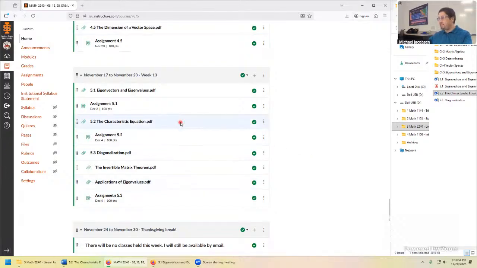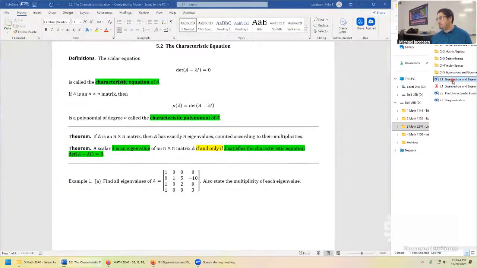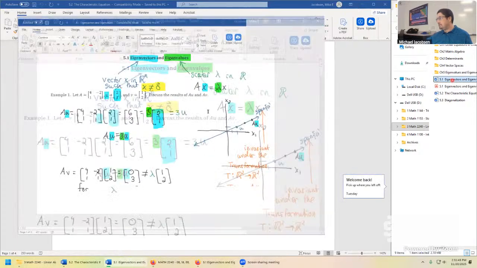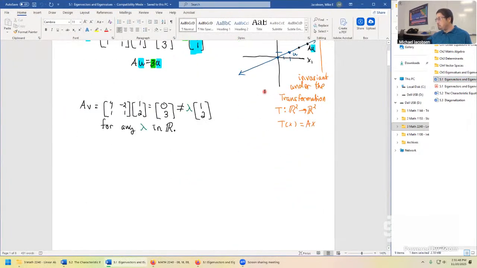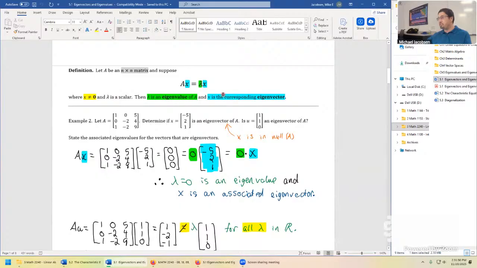Okay, before jumping into 5.2, I think it's beneficial to warm up a little bit by looking very briefly at what we did in section 5.1. We did a lot of things, but the two main things are the definition to start. This is what it means to have an eigenvector x and an eigenvalue lambda. We have to have a square matrix to start, so some of the concepts do fit into the invertible matrix theorem.